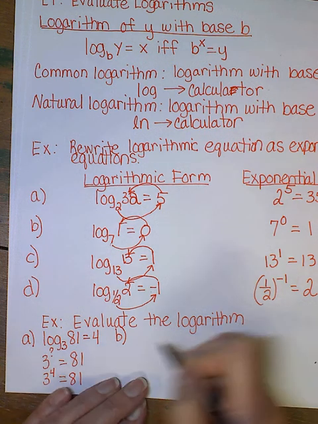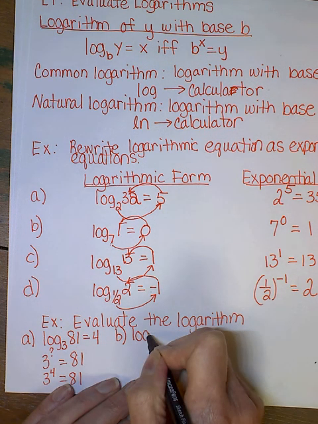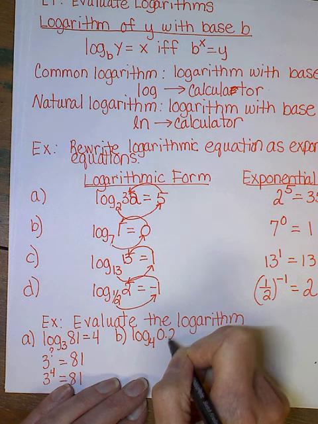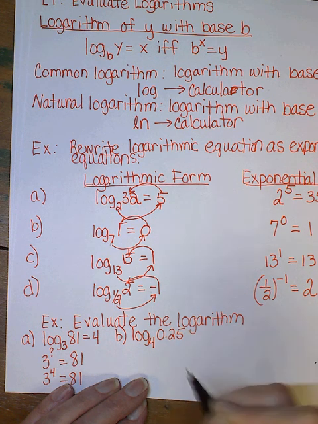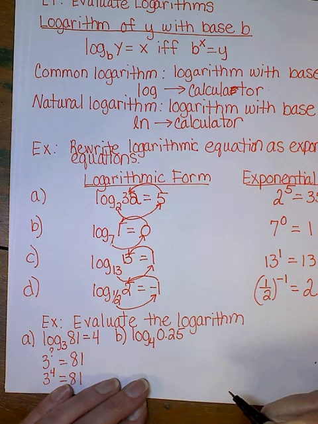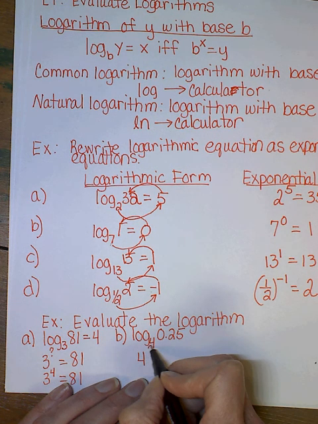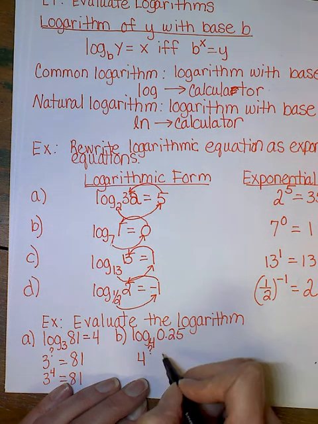Okay, let's try another one. So I want to know what power of 4 would give me 0.25. Or you could think of that as 1/4. That might be easier. 4 to the what power? That's where I'm putting a question mark.